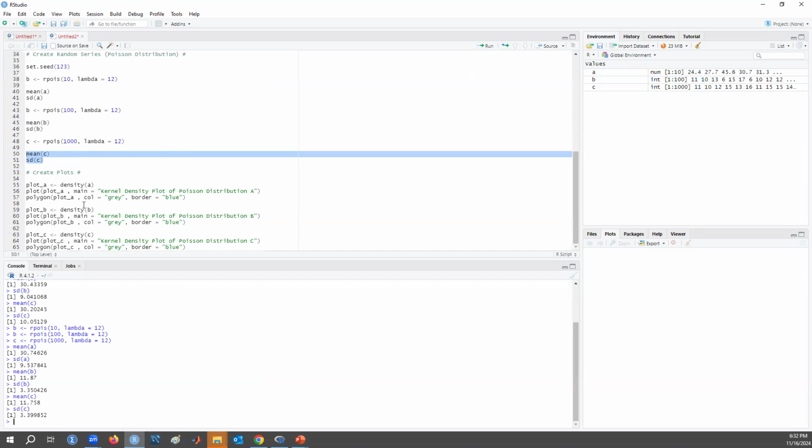And if you wanted to create plots as it relates to these samples, this code will achieve that for you here.